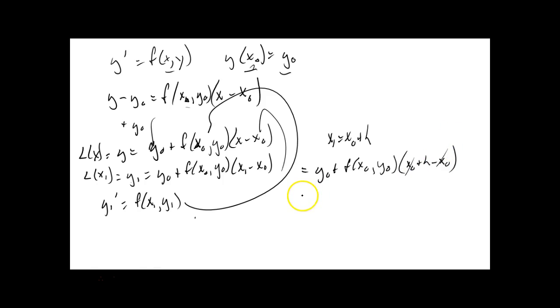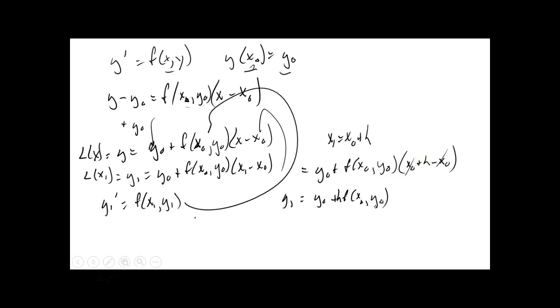So now we have that your y1 is equal to y0 plus f of x0, y0 times h, because that's all you've got left here.